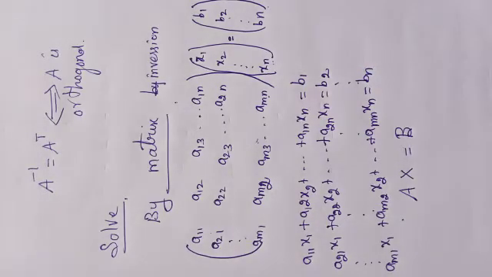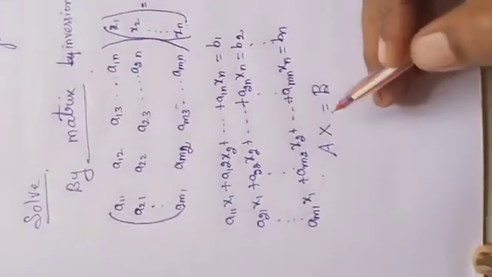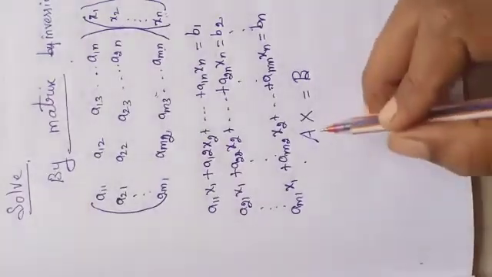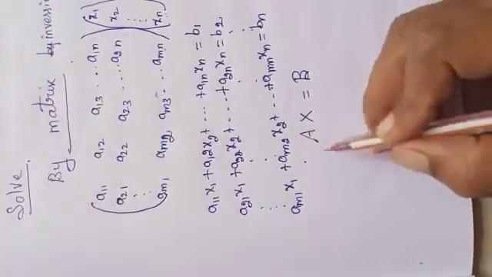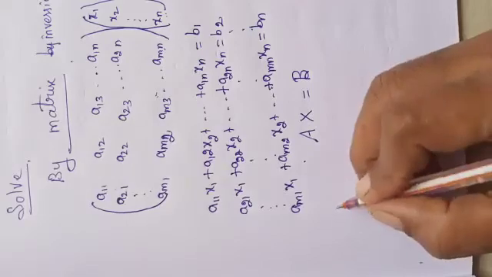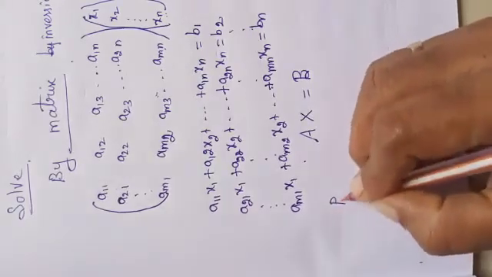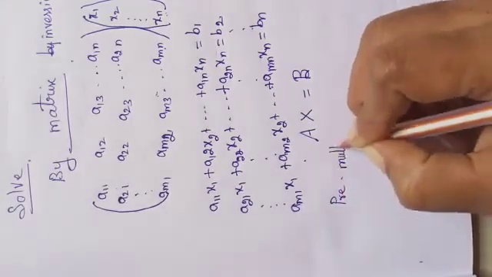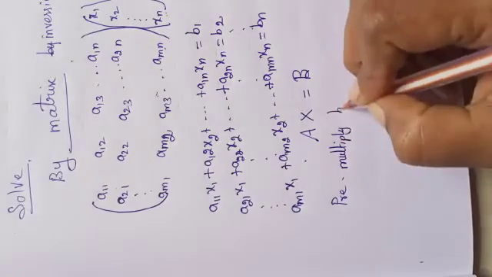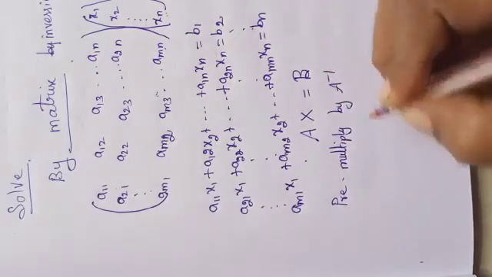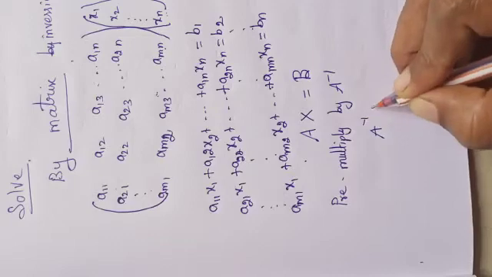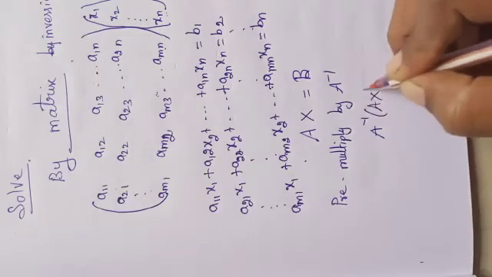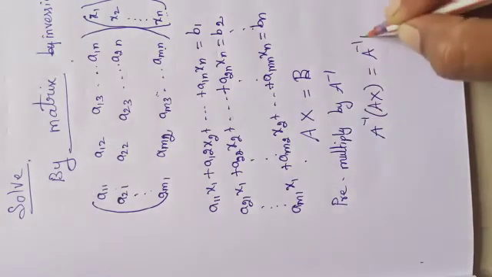From this, the question will be solved, meaning we need to find the unknown. The unknown is x. How to find x? We have to remove this A, so what should we do? Pre-multiply by A inverse. A inverse into Ax is equal to A inverse into b.